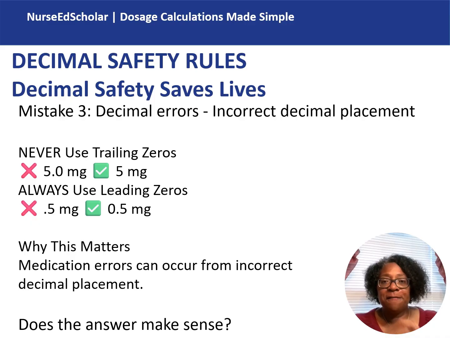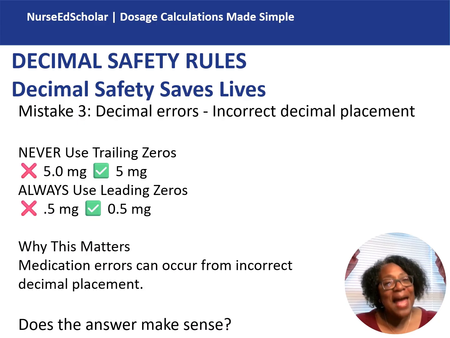If you have 5.0 milligrams, you don't want the zero after the decimal because that can actually make somebody think, if they don't read correctly or they're tired, that it's 50. Okay. You want to lead with a zero before the decimal point. So .5 is wrong. You want to put 0.5.